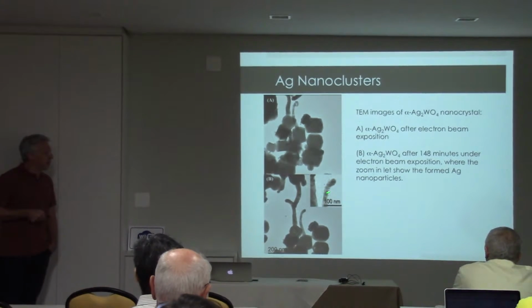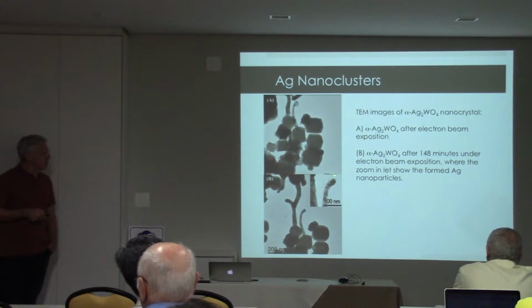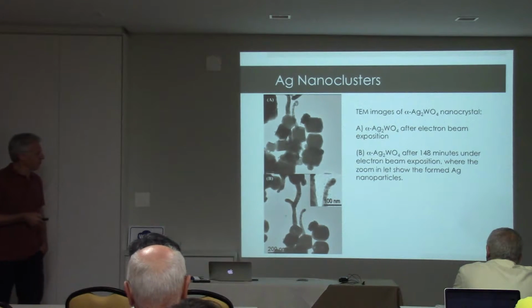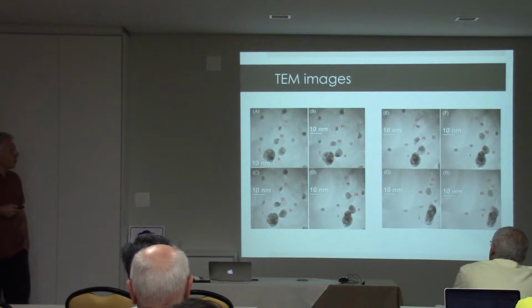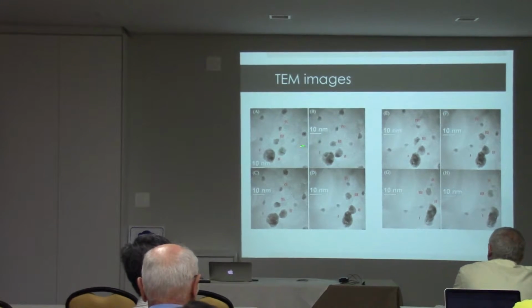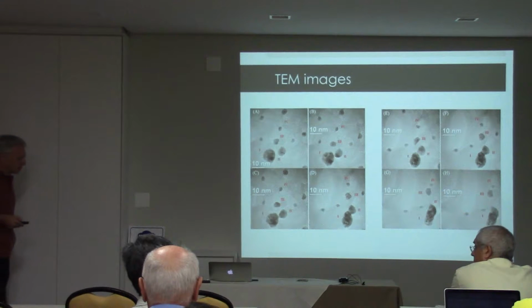Well, this is a silver nanorod growth, but this corresponds to silver clusters. So the electron irradiation also generates silver clusters around the nanorods, and this corresponds to different images from a movie that we'll see.